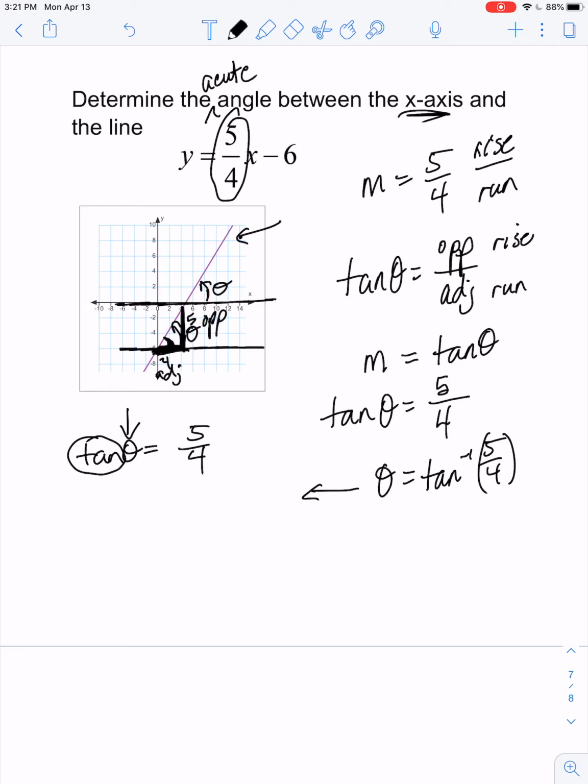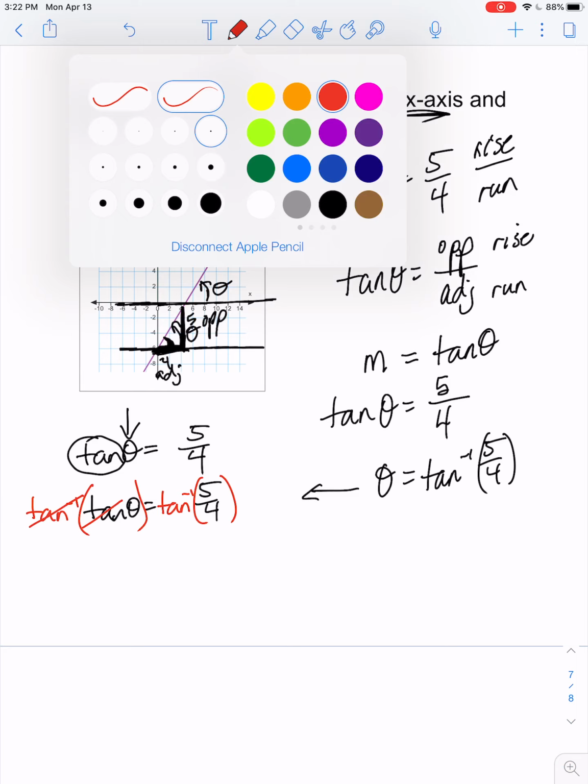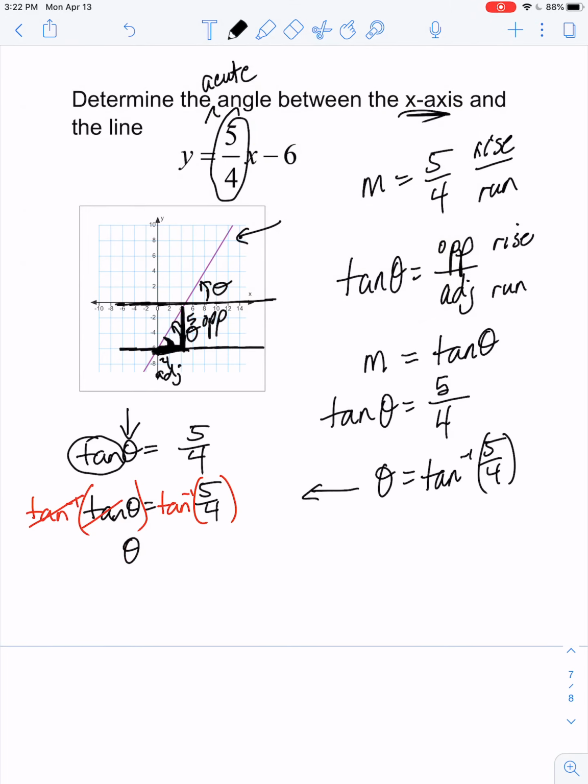I have tan theta here and 5/4 over here, so I'm going to take the tan inverse of each side. The tan inverse cancels out the tan, and you're just left with theta equals the tan inverse of 5/4.